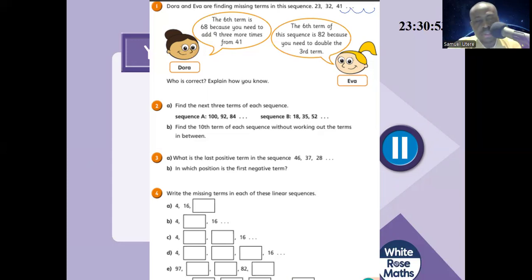So this is 5,200. This is 4,000. So 5,200 minus 4,000 is 1,200, right? But we have 1, 2, 3, 4, 5, so we have 1,200 to be divided by 5.